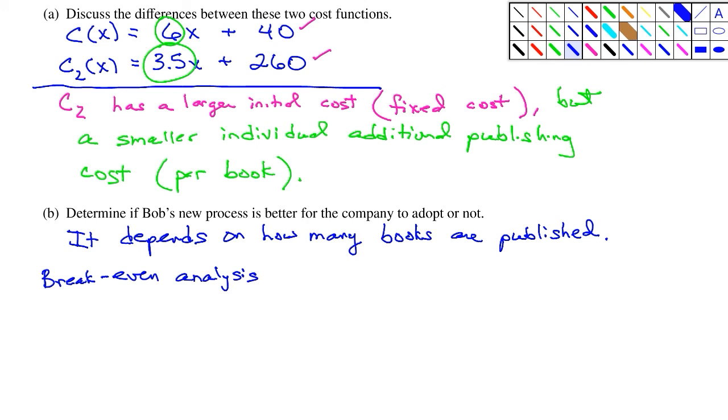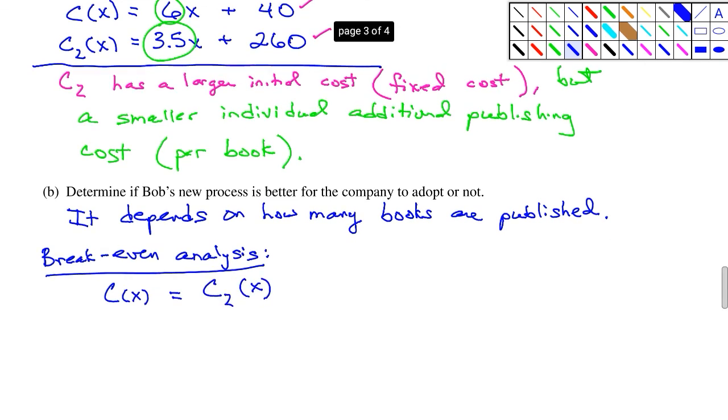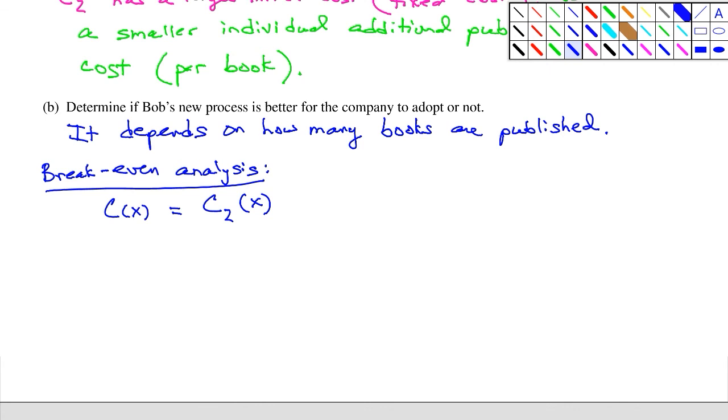The break-even analysis in this case is going to determine how many books we can publish and have the exact same cost value, even though I'm using two different functions. So where does it break, in other words? The way we do that is we just set them equal to each other and we solve for x.